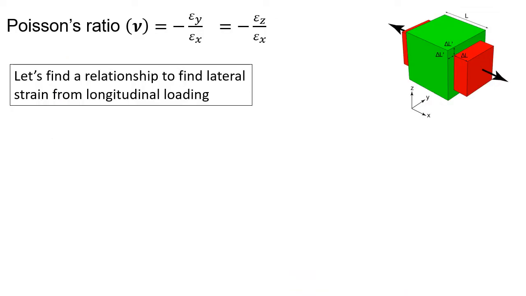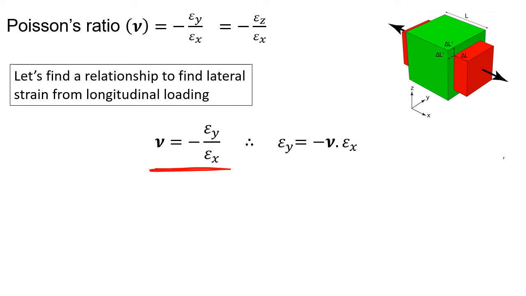From an engineering point of view, what would be really useful would be to be able to work out what these lateral strains are when there's a longitudinal load placed on a component. So if we look at our relationship here, our Poisson's ratio is minus the lateral strain over the longitudinal strain.